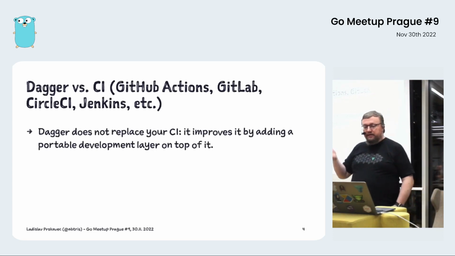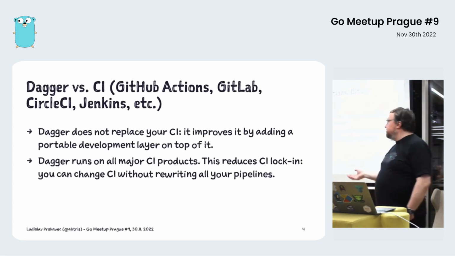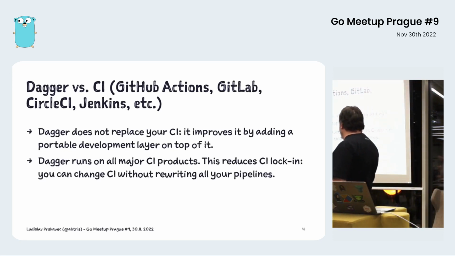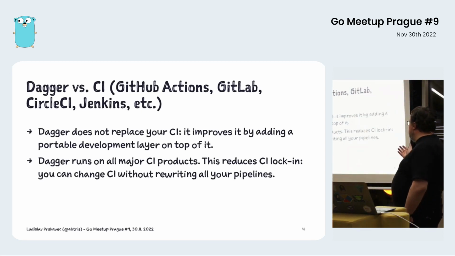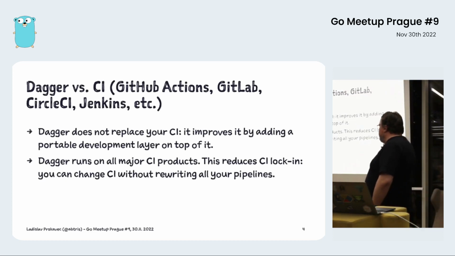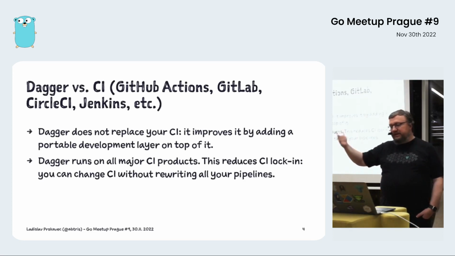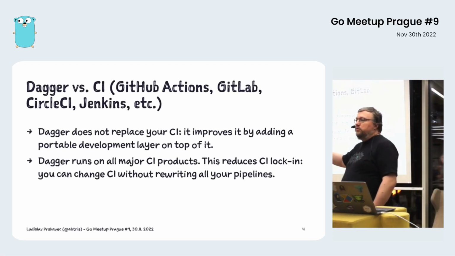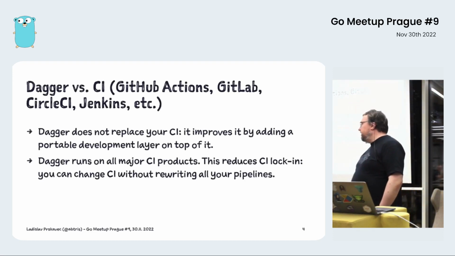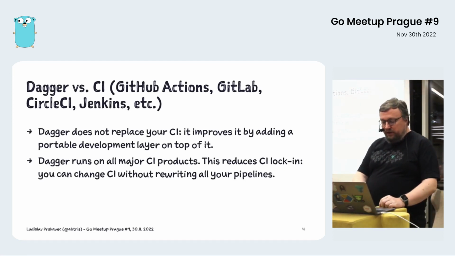And Dagger is exactly for that. You make your definitions one time. Dagger runs on all major CIs. The only requirement is Docker, and that reduces any CI lock-in that you can have. That's important, I think, for the future, as CIs can change and requirements can change. If you are a startup, you can be acquired, as in my experience from API, and you have some constraints from your new owner, and this helps you with that.